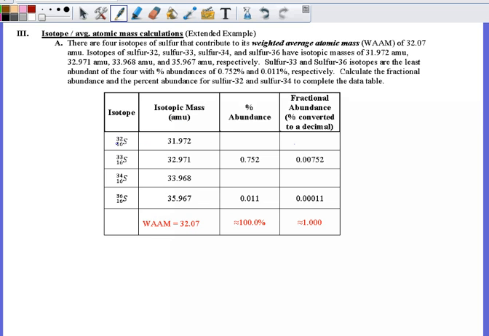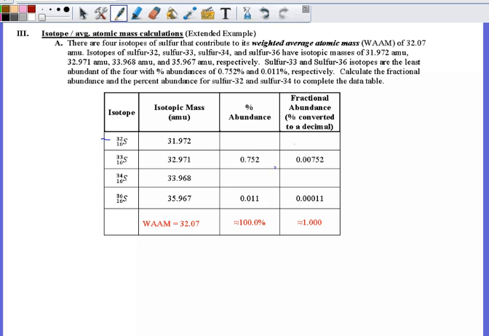Sulfur 32 has this 31.972 isotopic mass, and sulfur 33, sulfur 34, and sulfur 36. That's just how you read those.